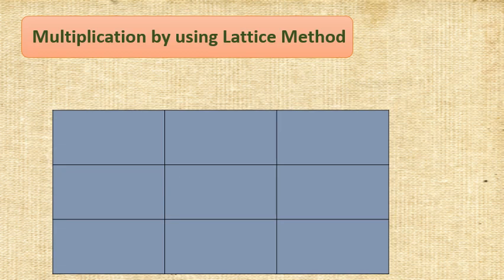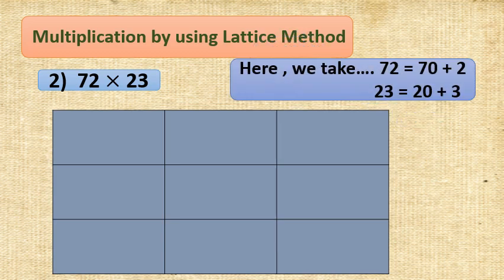Multiplication by using lattice method. Again here the number is 72 multiplied by 23. Yes, in the expanded form we will write them. 72 is equal to 70 plus 2 and 23 is equal to 20 plus 3.